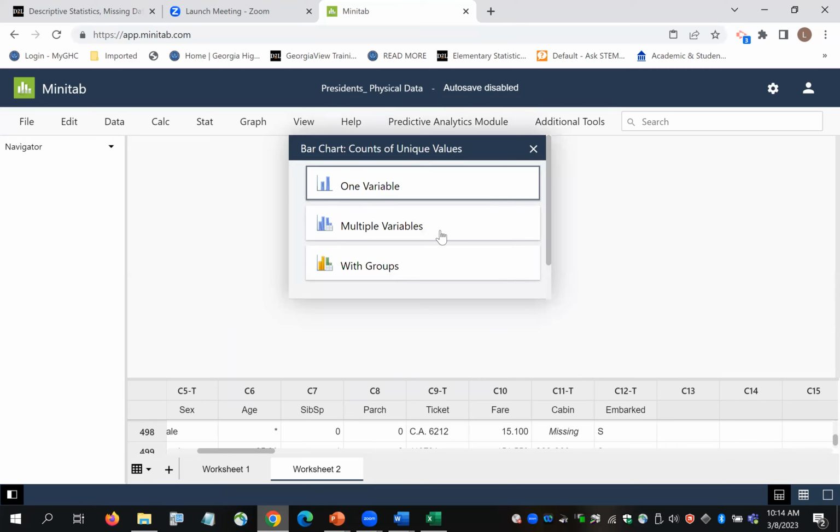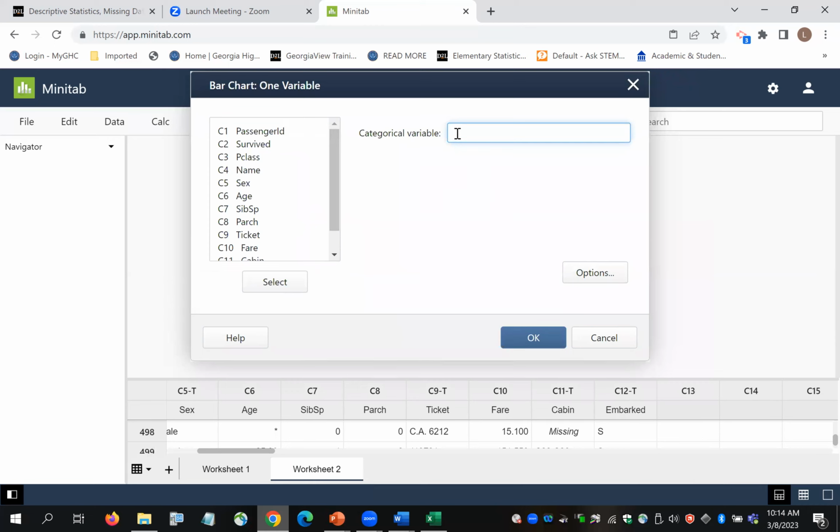Once you make your selection, Minitab pops up a little wizard type thing that literally walks you through the process. We will only be using one variable. That is the expectation. You're only going to do one. So I choose one variable and I have to double click here.